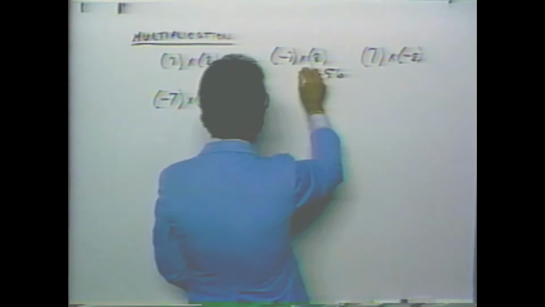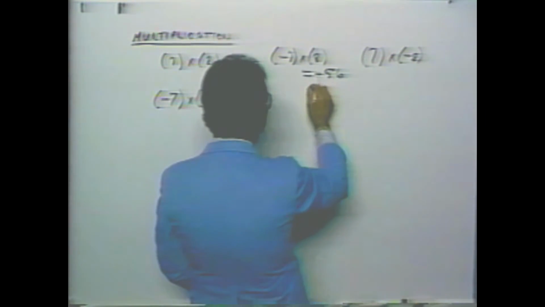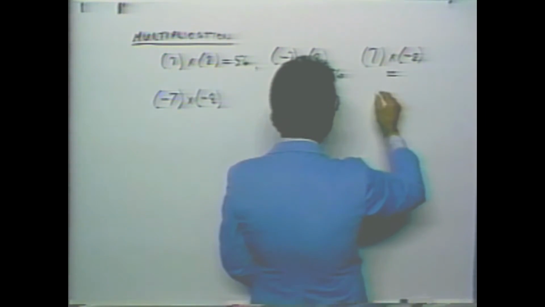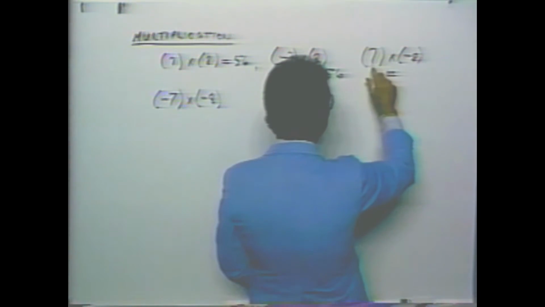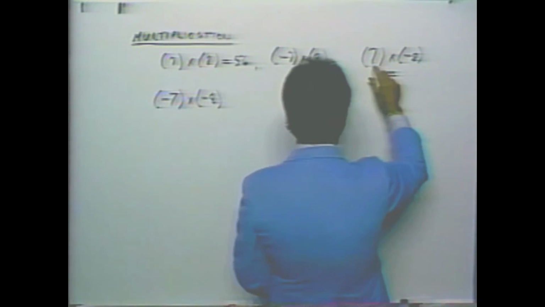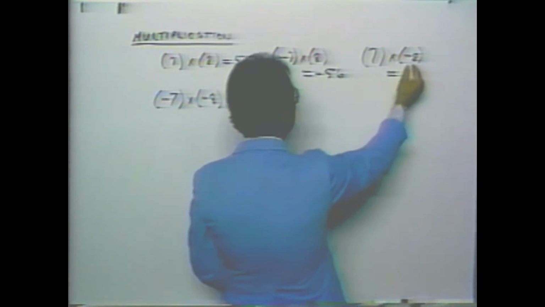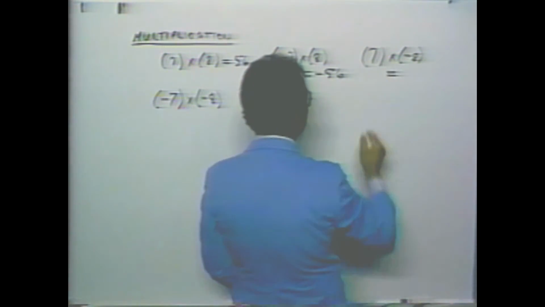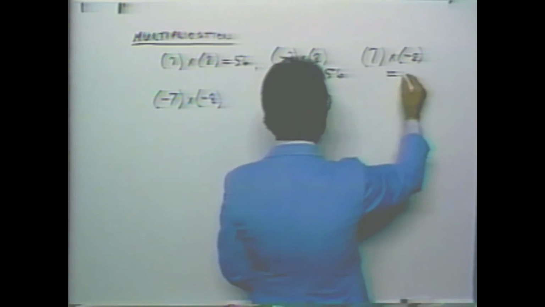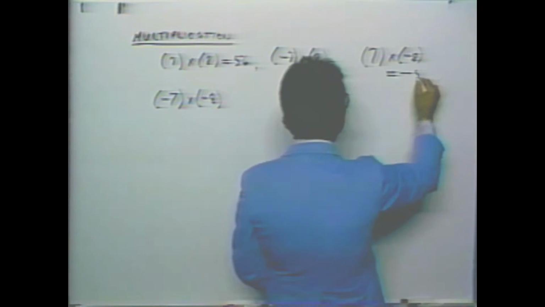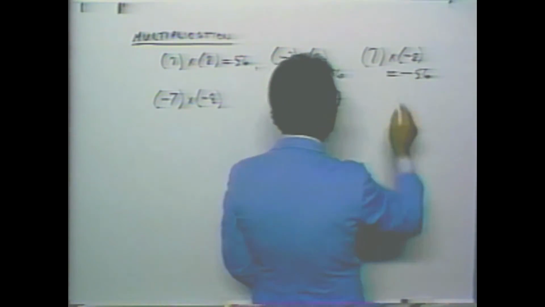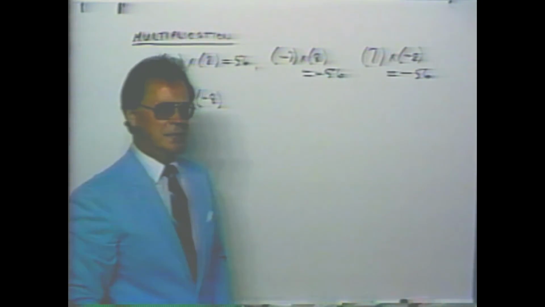A negative multiplied by a positive number always results in a negative number. In this example, we have the same kind of situation regarding signs, except the 8 now has the negative sign and the 7 is positive. But nevertheless, the answer is still negative 56. A positive times a negative is equal to a negative number.